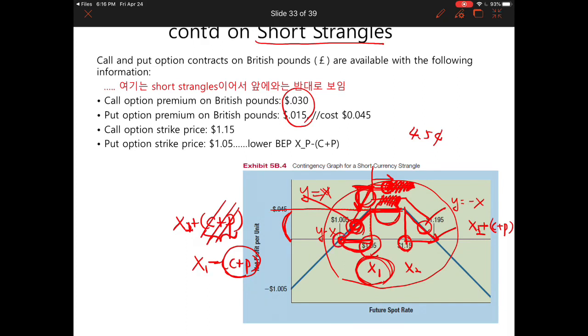That's here. So the break-even point, I can say X1 minus (C plus P). That's the lower break-even point. The higher break-even point will be plus this one. This is a parenthesis, and this is the call, and this is the put.